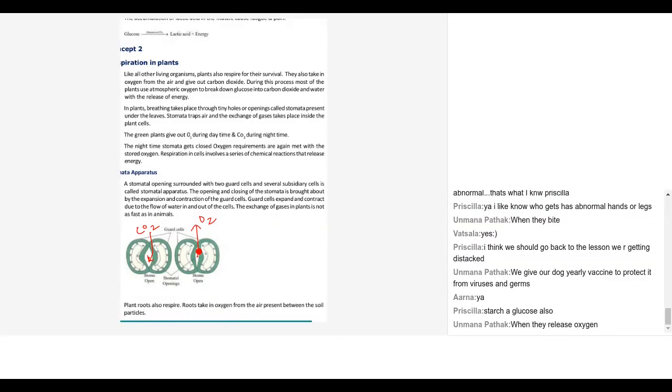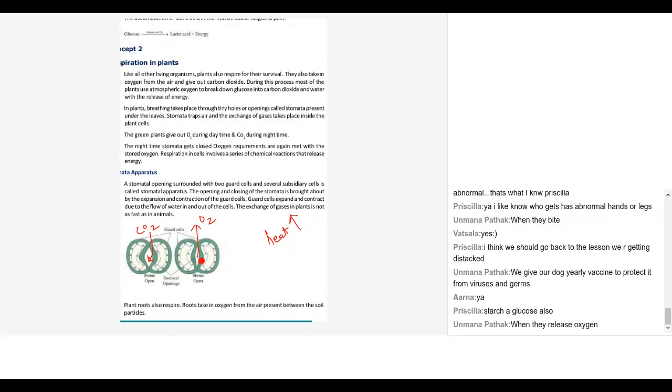Even the plants are intelligent. They don't have brains, but they're smart enough to keep the stoma closed so that excess water does not escape from the stomata through evaporation. That's the reason why when the heat is really high and the sunlight is too much, that is when the stomata closes.